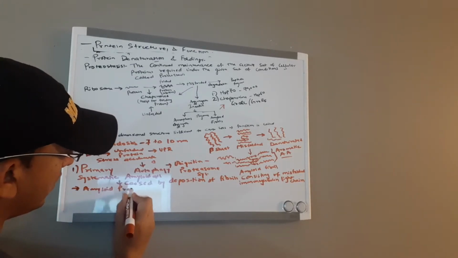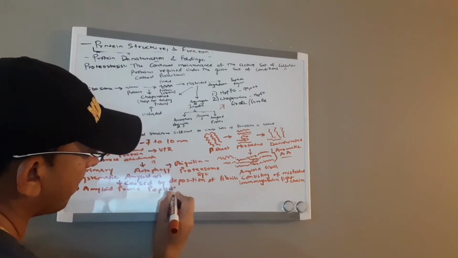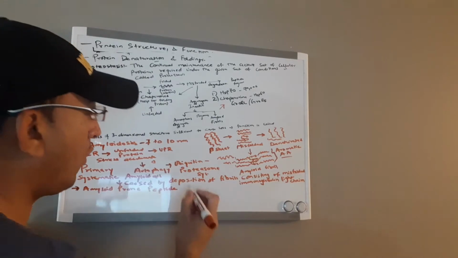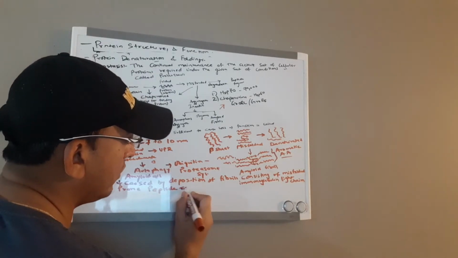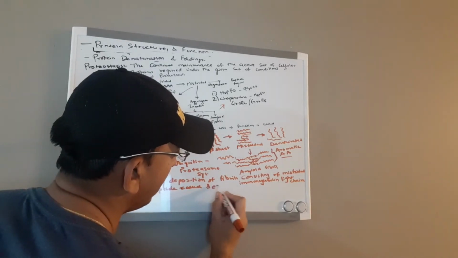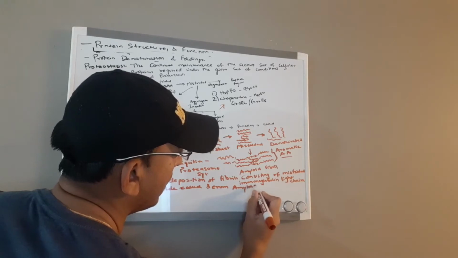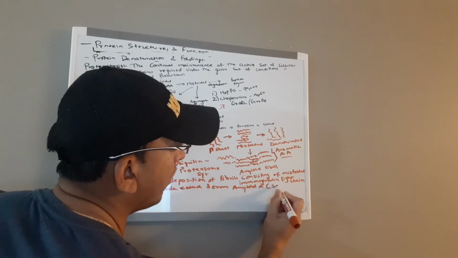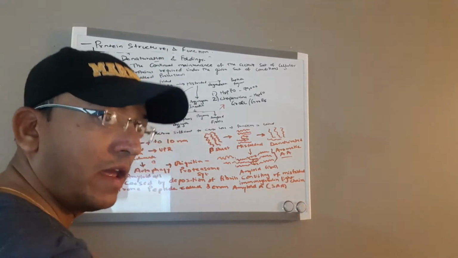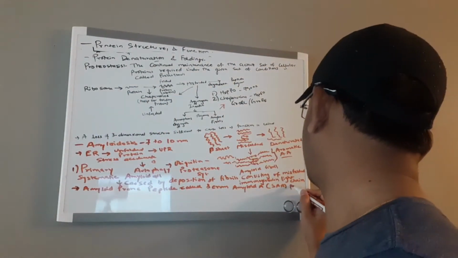This amyloid prone peptide is called serum amyloid A, or SAA protein. Right? So this is a protein.